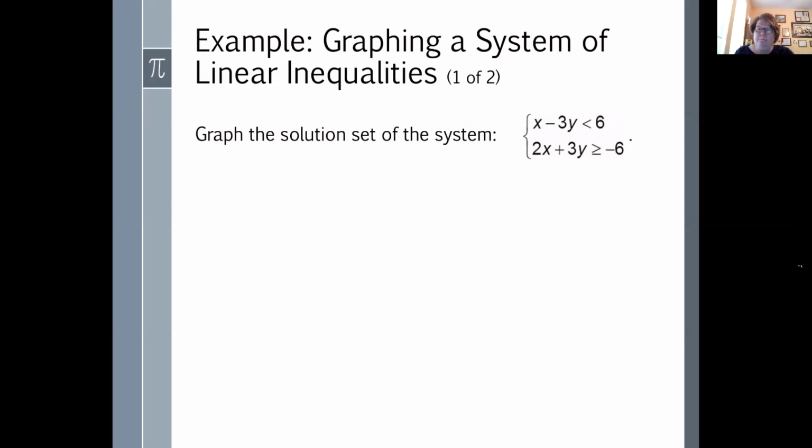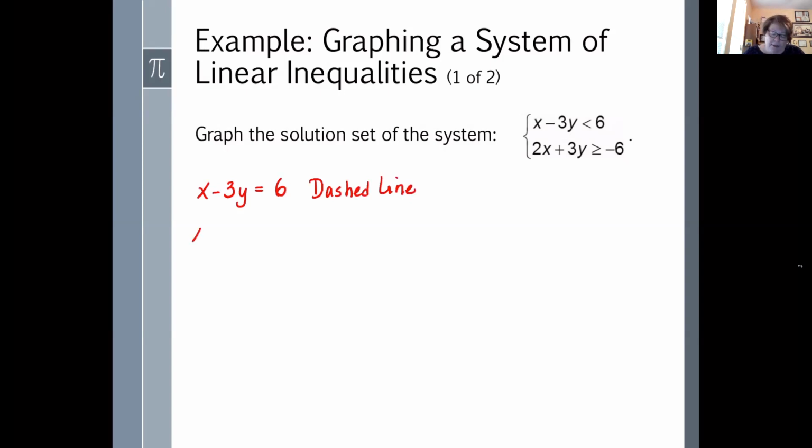Now, if it were me, I would graph this system of linear inequalities using intercepts. It just looks so easy to me to find the X and Y intercepts of these two lines. So that's what I'm going to do. So I'm going to first graph this equation, and I would graph it as a dashed line because it's less than.